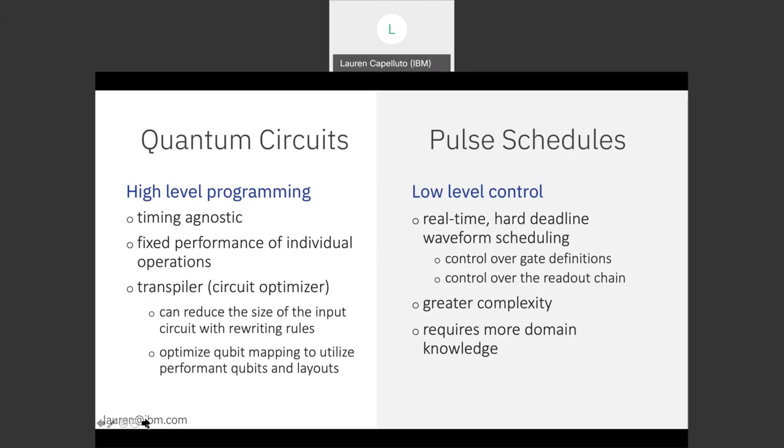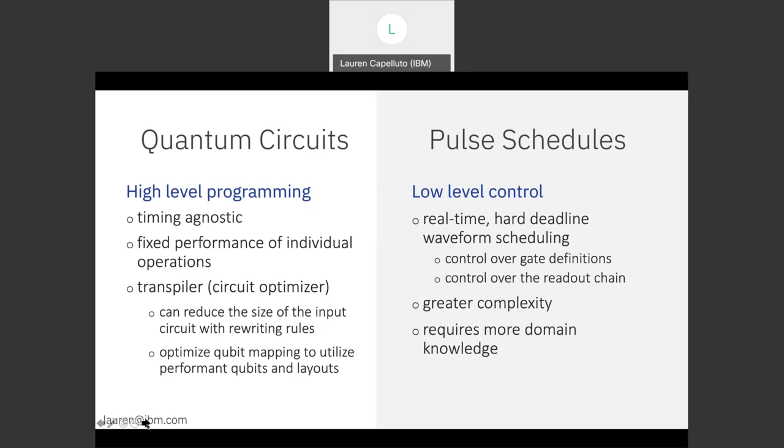Sometimes we want more fine-grained control over what the hardware is going to do. And this is where pulse schedules come in. So this lower level control means that now those black box operations of gates and measurements on the circuit level become transparent.